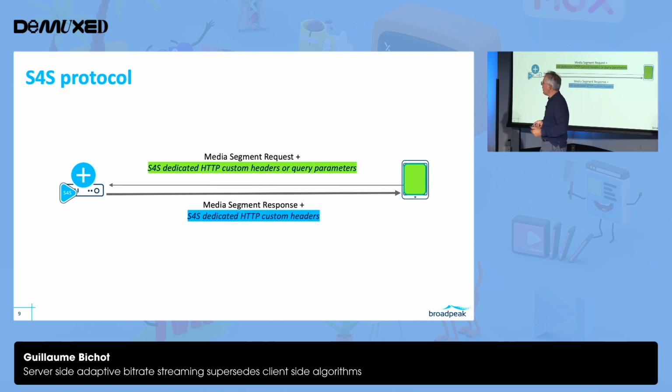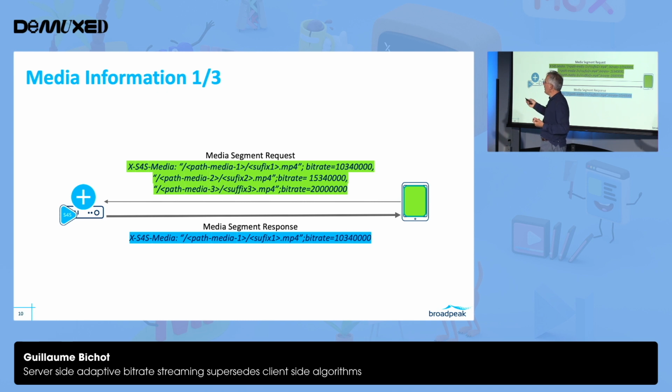It's completely compatible with the adaptive streaming basic protocol, right? The player requests a segment and the server responds. But when the player requests a segment, it can join in the request the list of the available qualities, available representations.